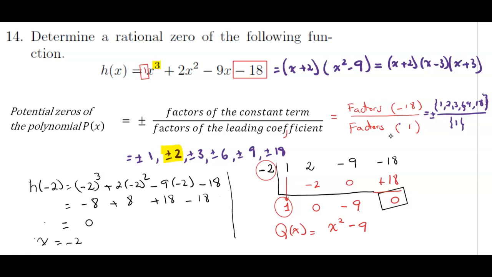And finally, I can identify the zeros here. The zeros are the numbers that make each parenthesis 0. This is going to be minus 2, comma, 3 for x minus 3, comma, and for x plus 3, minus 3. And this is your answer, guys.